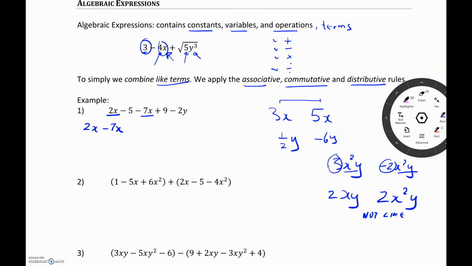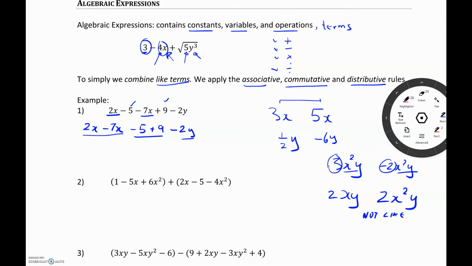The reason why we're allowed to do that is because of the commutative rule. Because commute means to move from one place to another, so we could move terms around. Okay, so those are 2 like terms. Now we also have the negative 5 and the plus 9. These are also like terms. Then we have minus 2y, which is just a term with no other like terms.